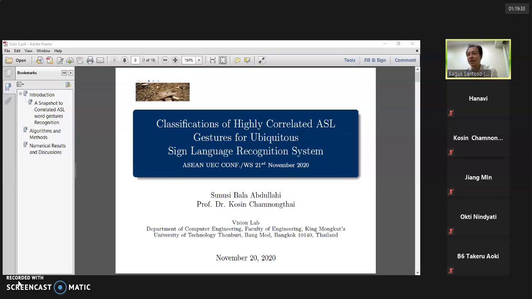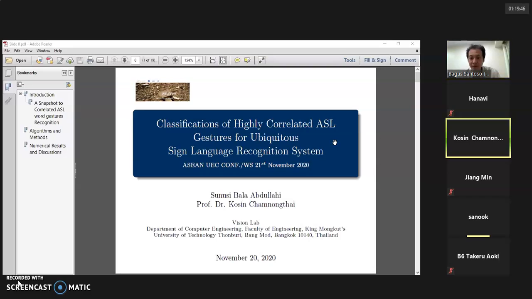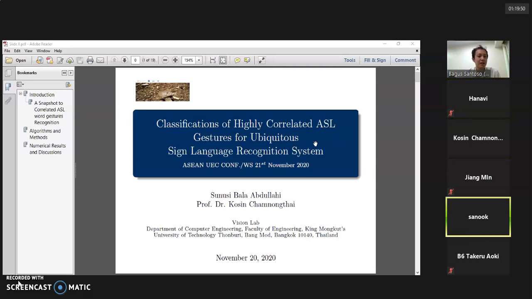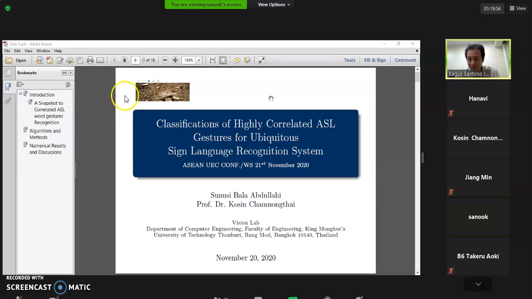So this is the final presentation. The classification of highly correlated ASL gestures for ubiquitous sign language recognition system, by Sanusi Bala Abdullahi and Professor Dr. Kelsin Kemuntai. Sanusi, please open your microphone. Yes, can you hear me now? Good evening, all.